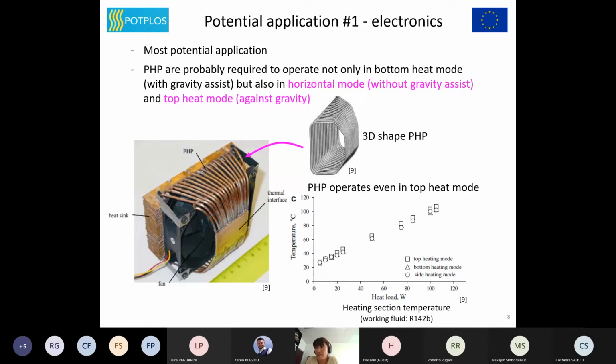In general, PHP performs best in bottom heat condition because gravity assists the liquid to move. The lower graph shows the PHP has comparable performance even when operating against gravity.